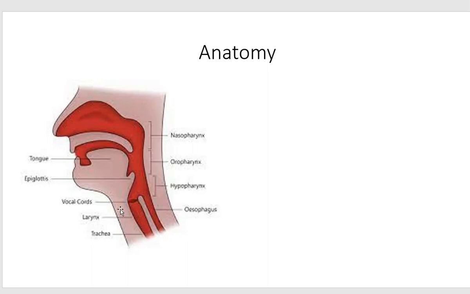But if we go back to this picture of the head and the neck, if you feel on yourself across the front of your neck, you'll feel a quite prominent bony structure called your Adam's apple, which is just underneath your chin, quite high up in your neck, and that bony structure there is your larynx.